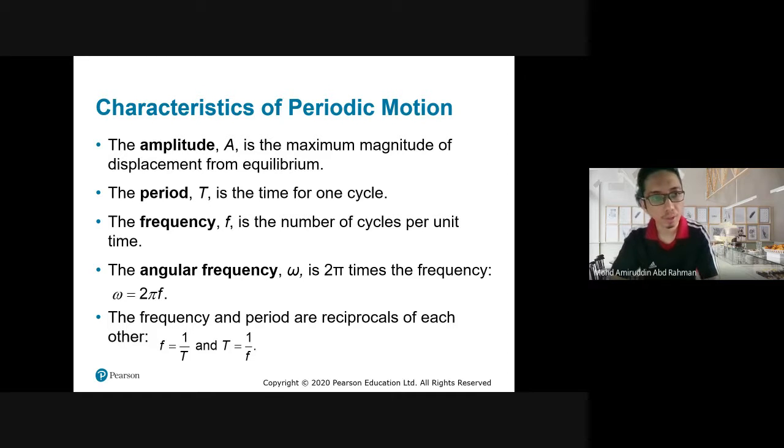Amplitude, of course, you know, is the maximum magnitude of the displacement from the equilibrium. The period is not a problem as well. So f is equal to 1 over T, and the angular frequency is omega, which is actually 2 pi f.